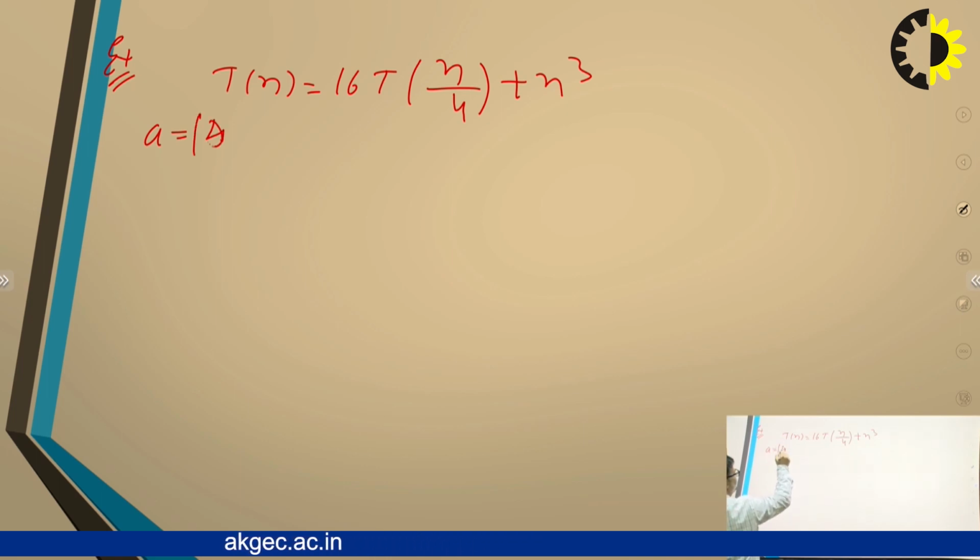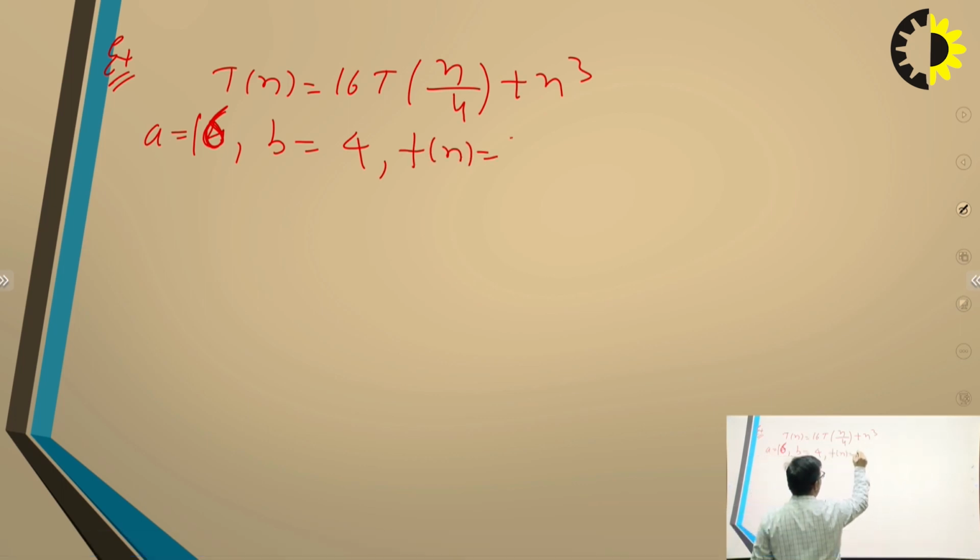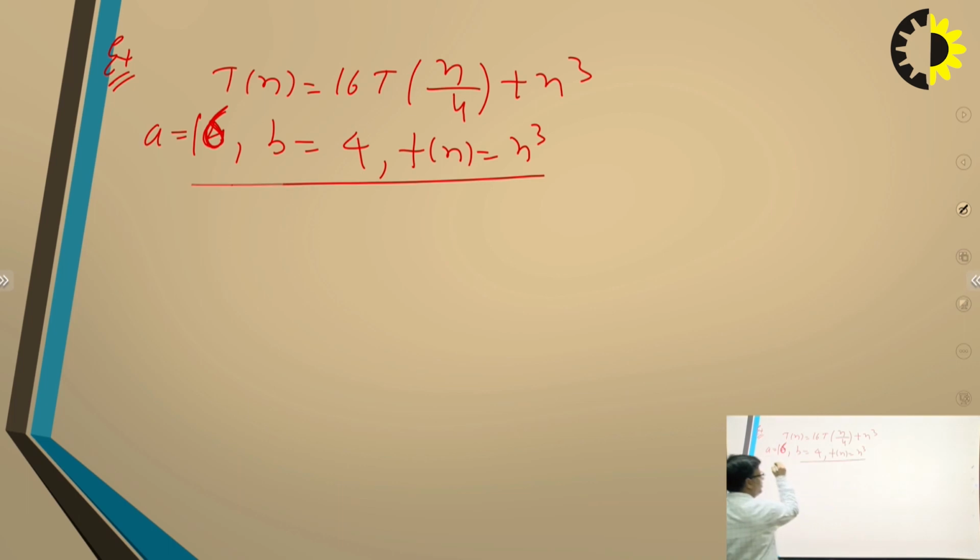Here a is equal to 16, b is equal to 4, and f(n) equals n cube. Okay, and we'll find out n to the power log a base b.